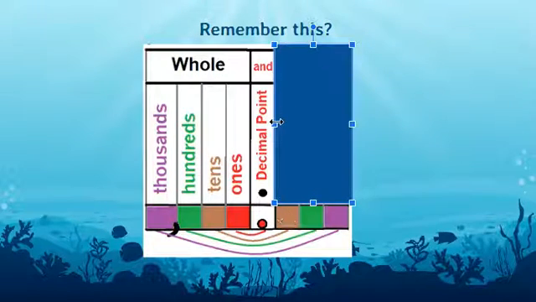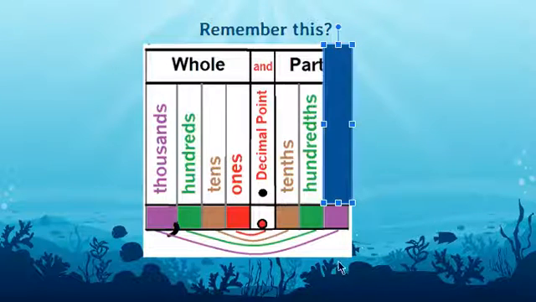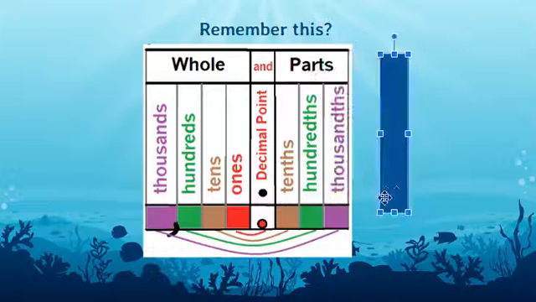Let's see if you remember from last lesson. That's right, we're dealing with tenths. The spot to the right of our decimal is dealing with tenths. How about after that? I hope that you guys have a good idea based on our chart. It's kind of color-coded to give you a clue. That's right, we're dealing with hundredths. And that's really our focus for the day, so we're not even going to talk as much about thousandths.